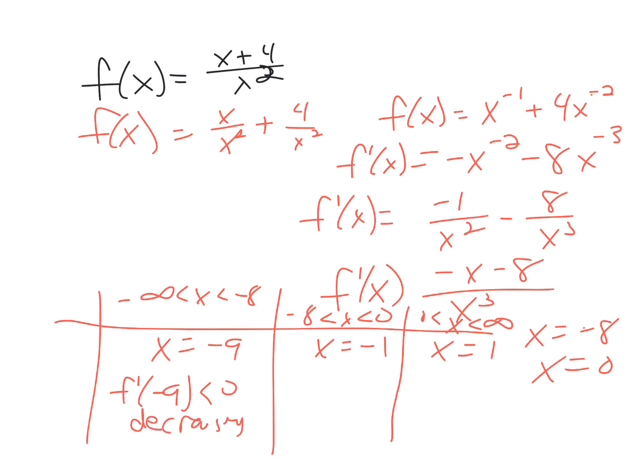And then we put negative 1 in. It's going to get us a negative on the bottom, negative up top, so it'll be positive. So f prime of negative 1 will be greater than 0. Increasing. And then with 1, it'll be a negative over a positive, so it'll be negative.